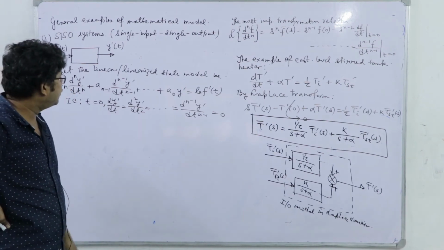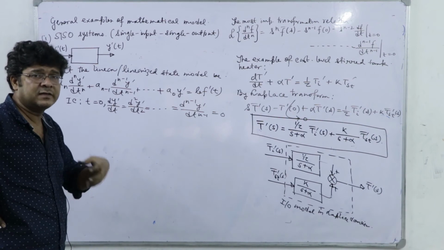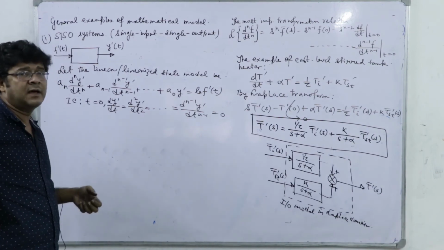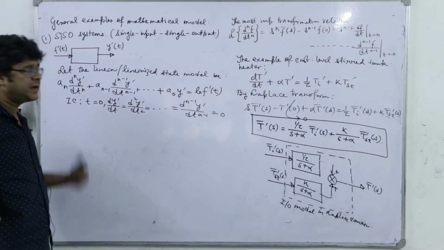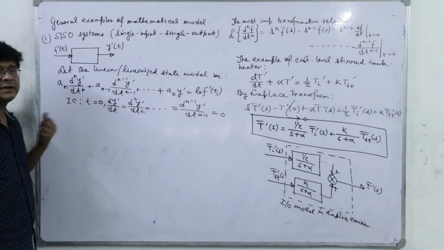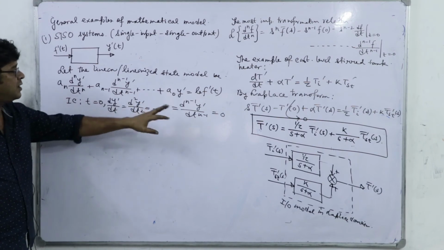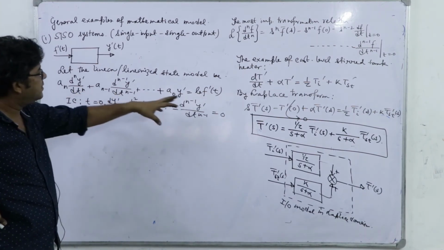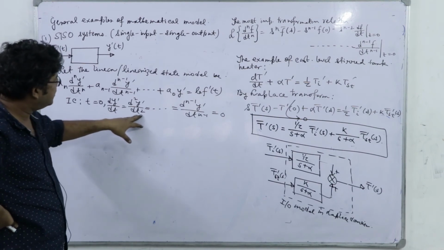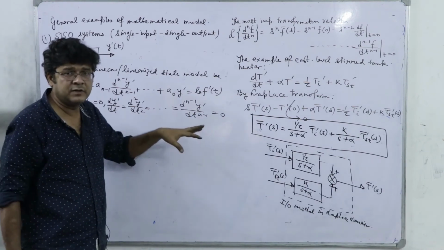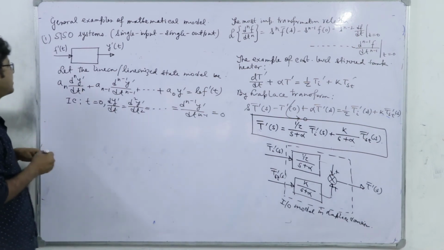We will see that for all third order systems the second and first derivative terms will be 0. For a second order system the first derivative is also 0 at t equal to 0. That is a general physical understanding regarding the structure of the state model and the initial condition. This is physically also true, and we will see it through the examples.